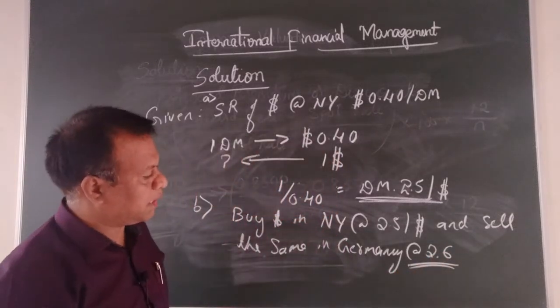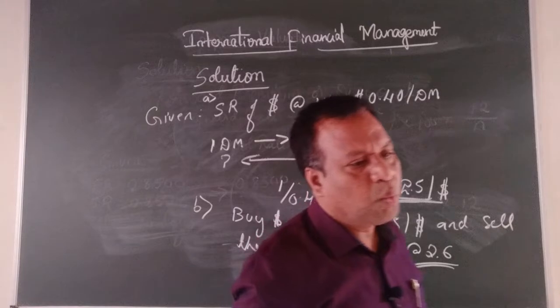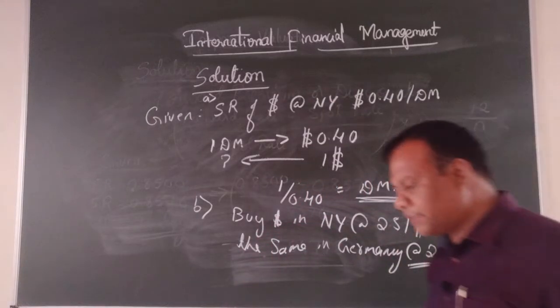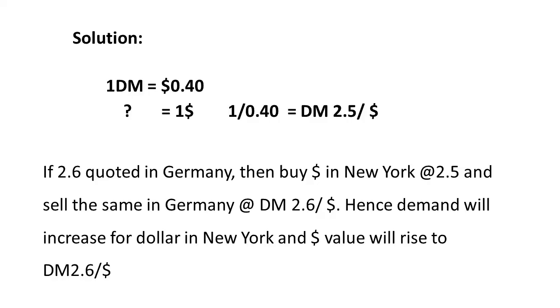Thereby you make a profit of 0.1. And what happens by this is the demand for dollar will increase in New York, and the dollar value will rise to DM 2.6, thereby the equilibrium will be restored in both the values.